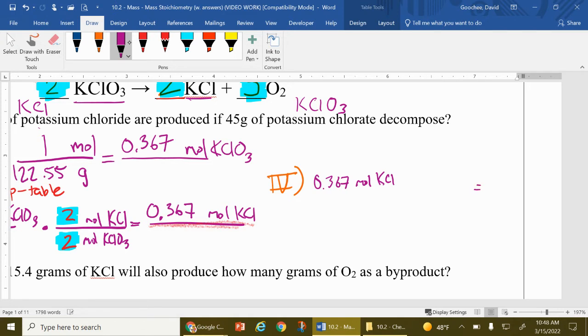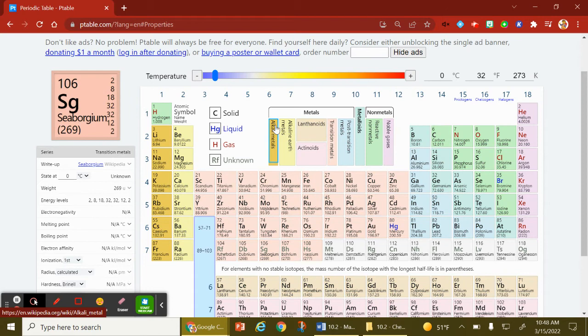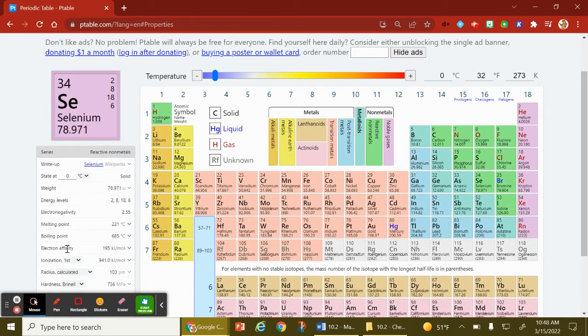And we want to get that into grams of KCl. So we have to get out of moles and into grams. What is the molar mass of KCl? Well, back to the periodic table I go. Here we go. So K is 39.1 plus Cl, which is 35.45.